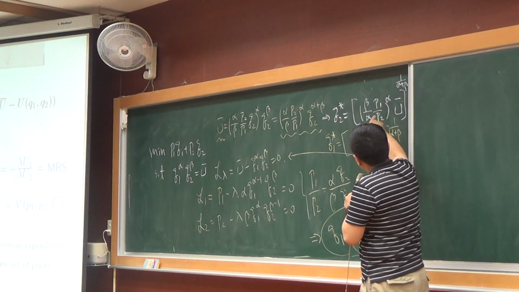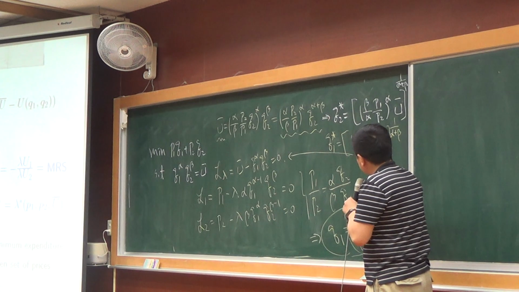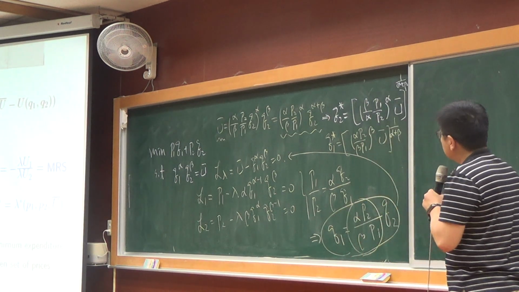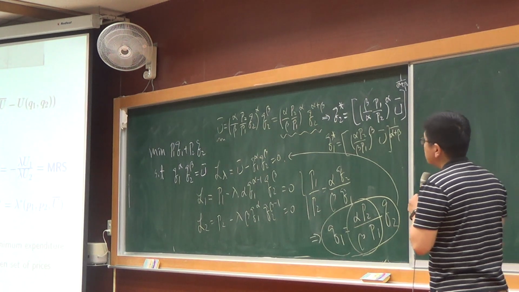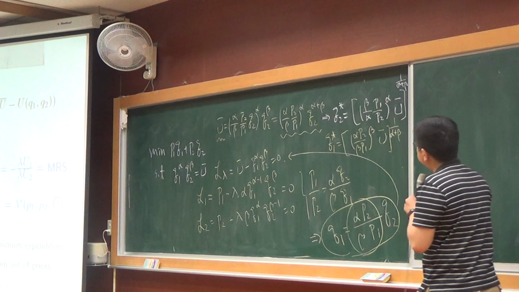And this term is actually the inverse of this term. So the power would be minus alpha. And so we have the beta here.